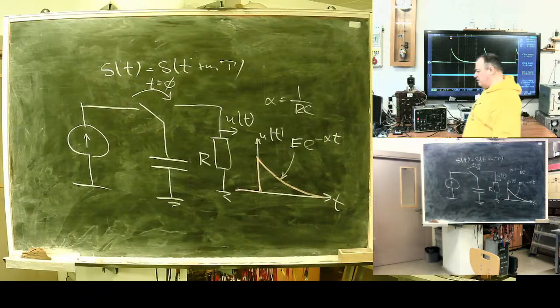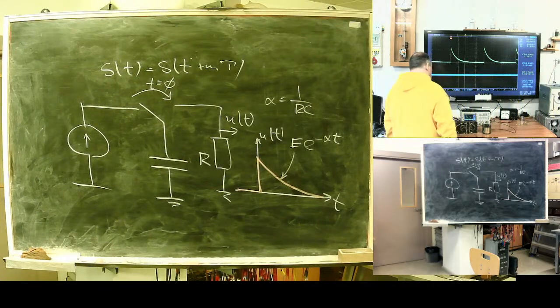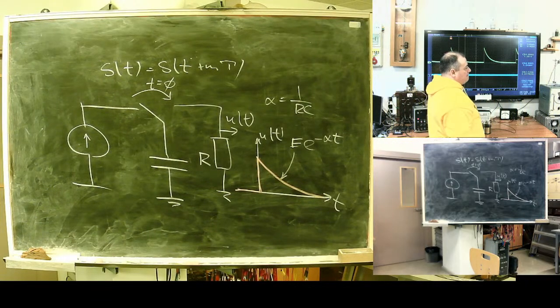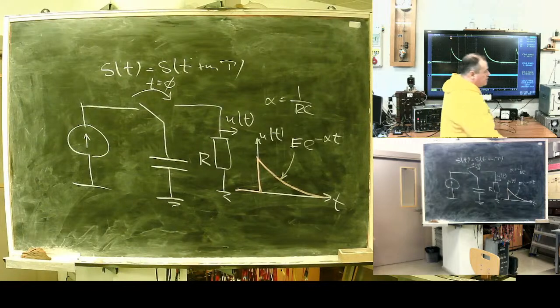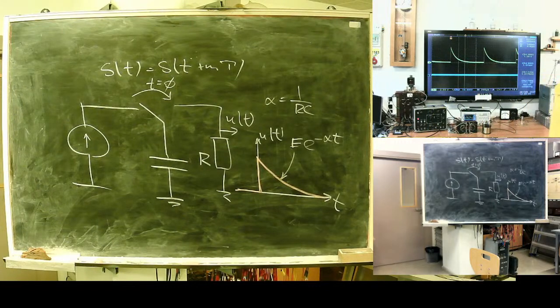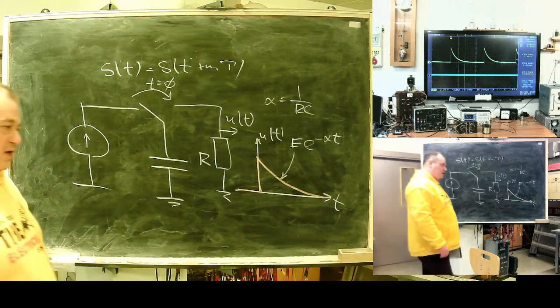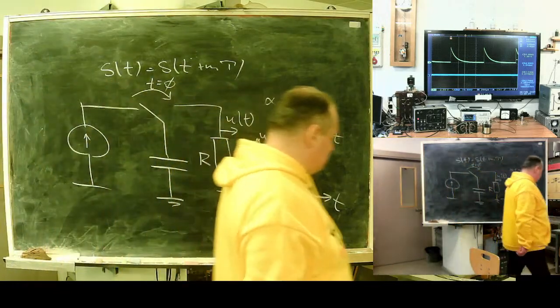You can check multiple processes and many processes behave like this. Decaying exponent or growing exponent. It's one of the basic things of this world.